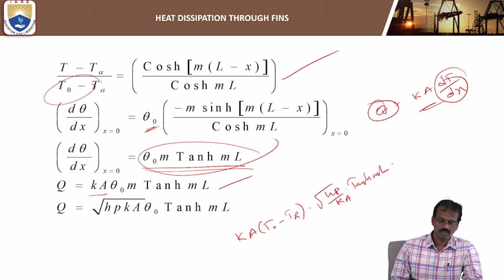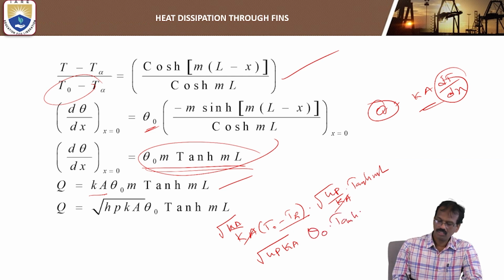So you know that here Ka, under root Ka, so the equation is under root of hpKa into theta naught into tanh ml.